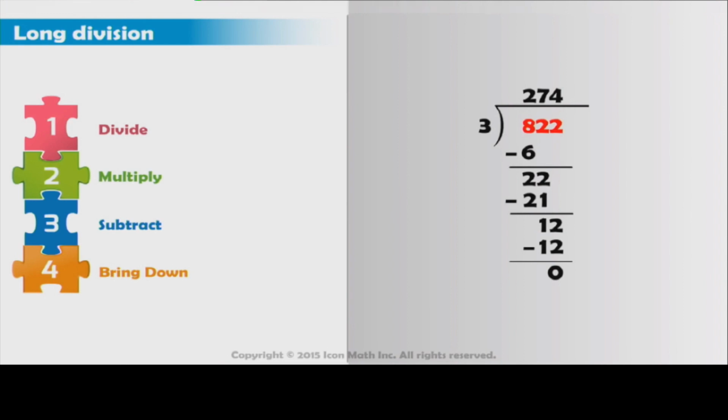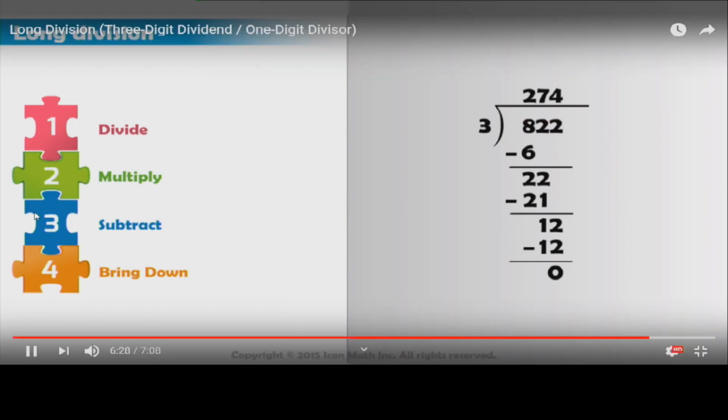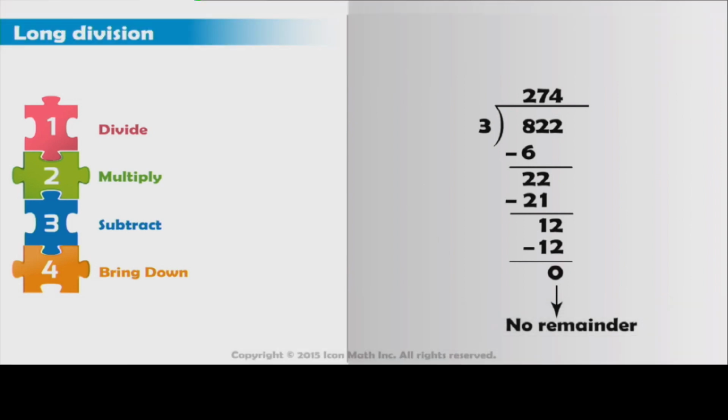Since no more digits to bring down, we stop. Notice that the result of the last subtraction we performed was 0. So we have no remainder. And our answer is in the quotient. 274.